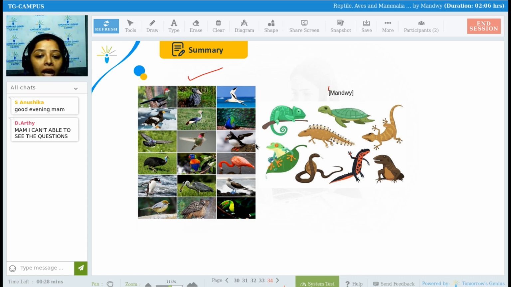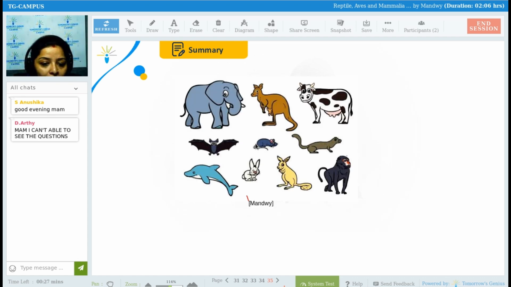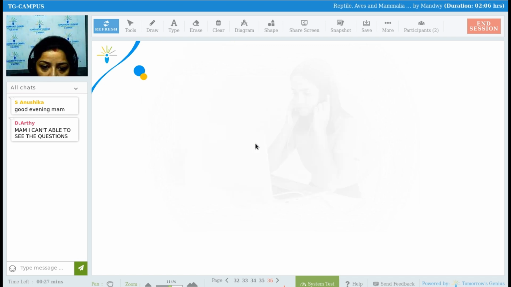Then reptiles, they are having the limbs. Some are without the limbs also. Then we had discussed about the mammals. Unique features of mammals is very important. So please make a star over there wherever you wrote the unique features. So this is it. Animal Kingdom.